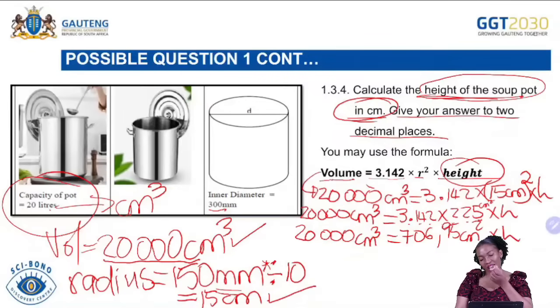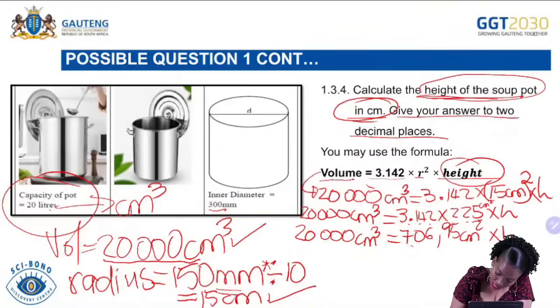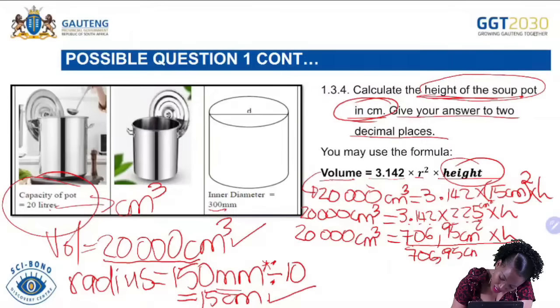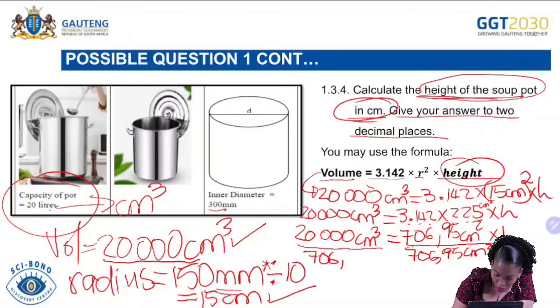So we want the value of height, but the only thing that is disturbing us is that 706 there. For us to get the value of h, we must get rid of this 706. How do we get rid of it? We divide by 706.95 centimeters squared, and what we do this side, we also do this side, so that this and that can cancel.